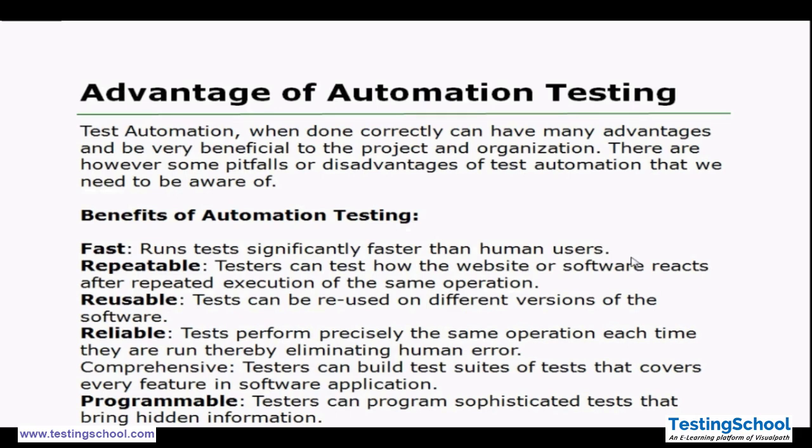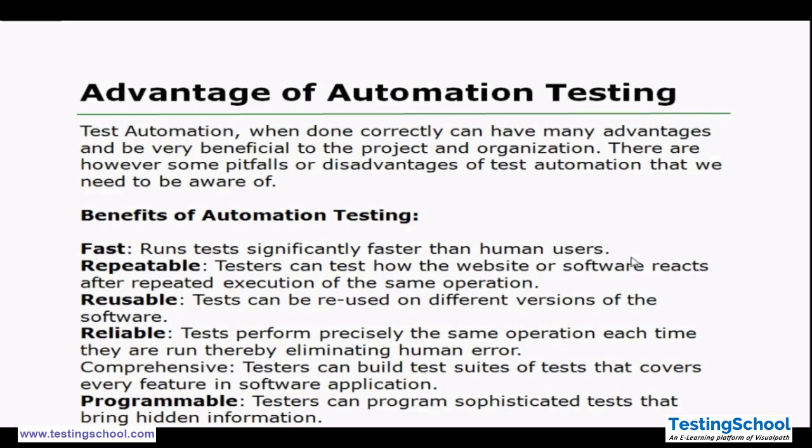Then it is reliable, because it is a human tendency that if you do certain testing each time, say 1+1, then due to some laziness you might get some issue or leave some issues. But the automation tool is more reliable than the human. So the reliability is there.